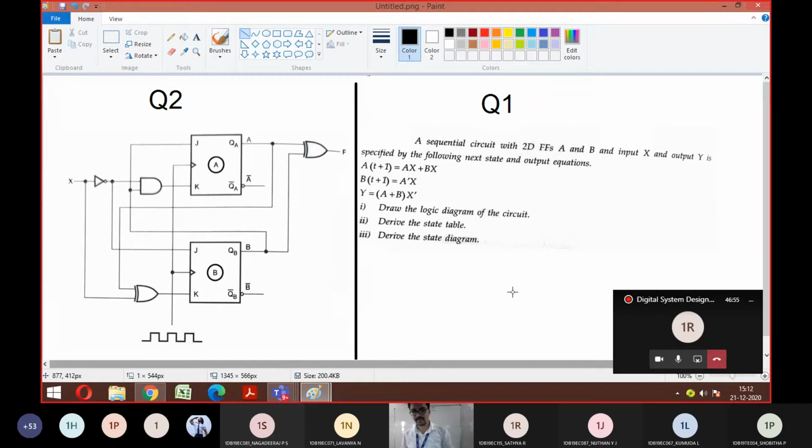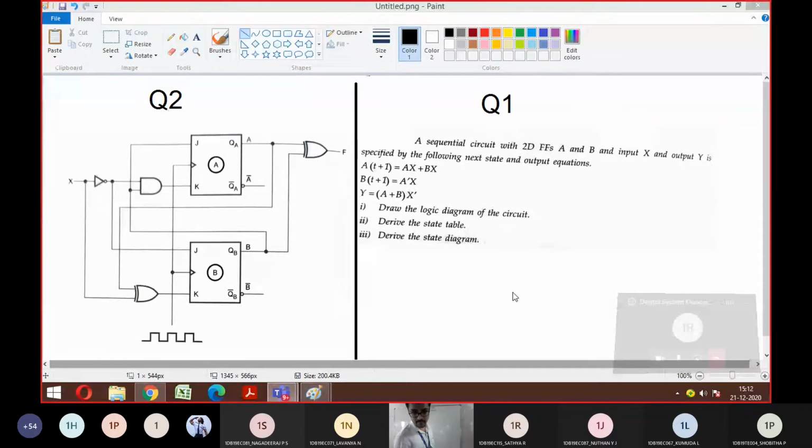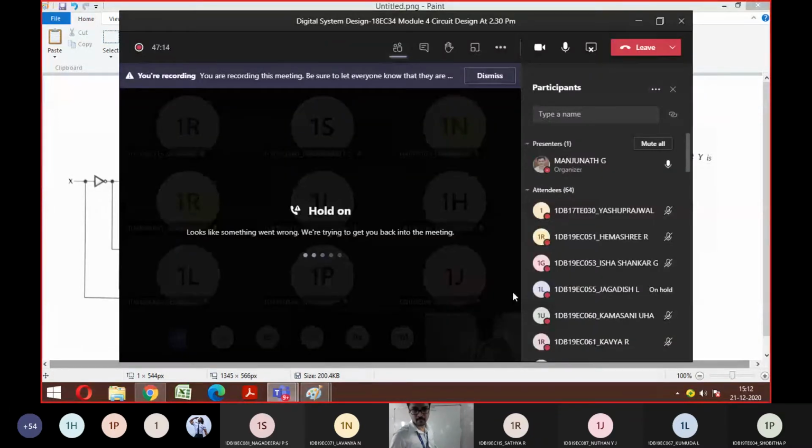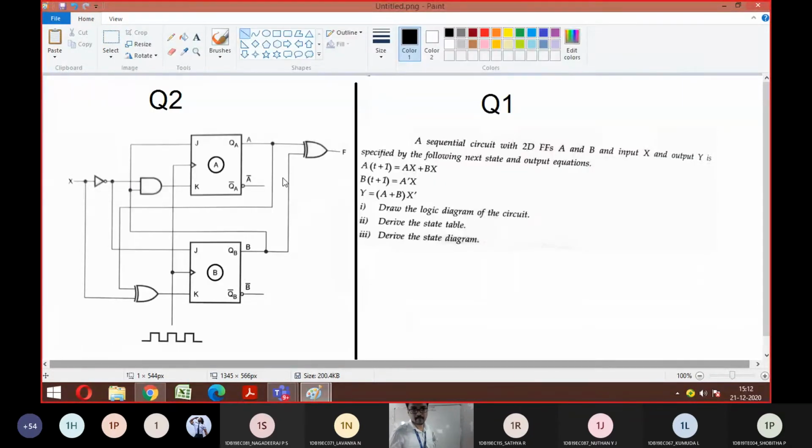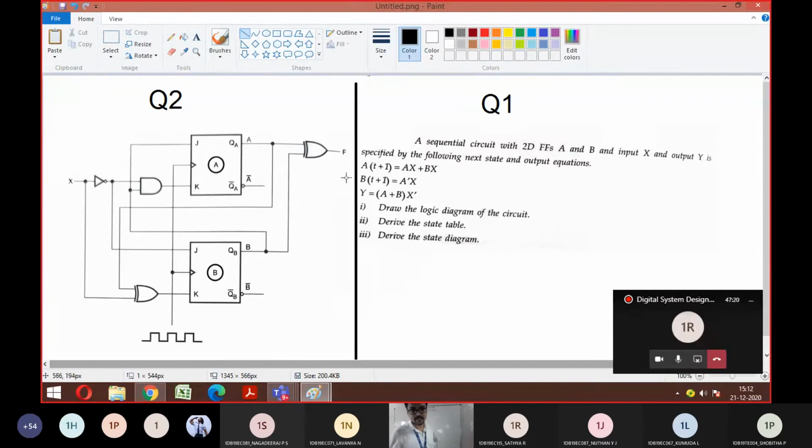We'll try to write the equations first. My voice is audible, right? Let me write the equations for this given diagram. From the question, you can look at how many flip-flops you have. 2 flip-flops.